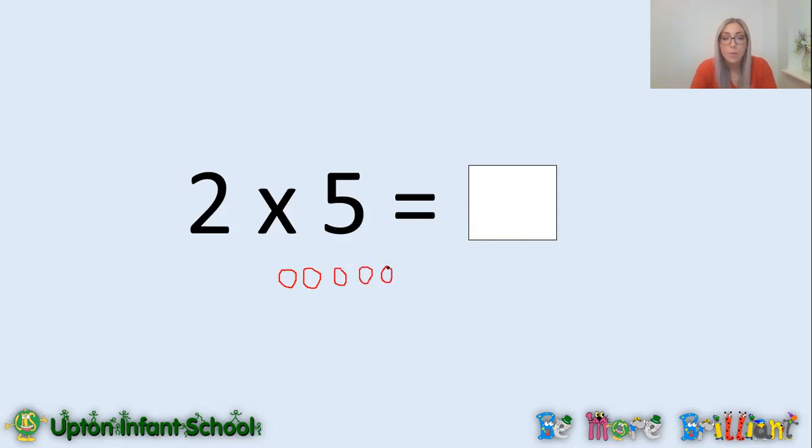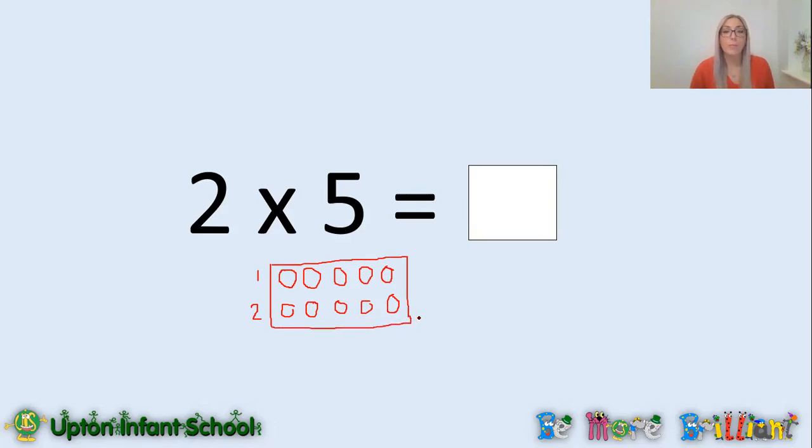There we go. 1, 2, 3, 4, 5. Now I'm going to do my second lot. 1, 2, 3, 4, 5. Now I have got 2 lots of 5. If I did this, what does that remind you of?